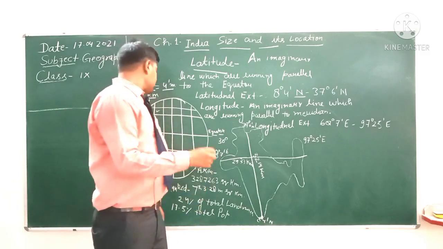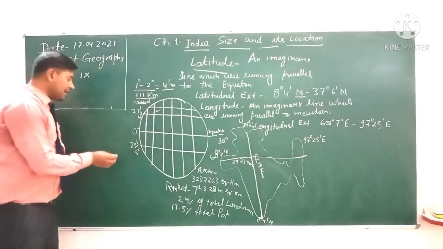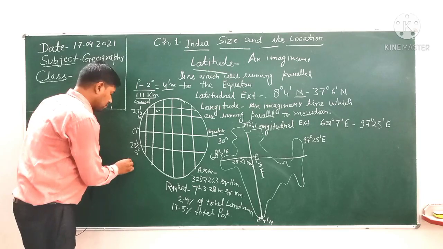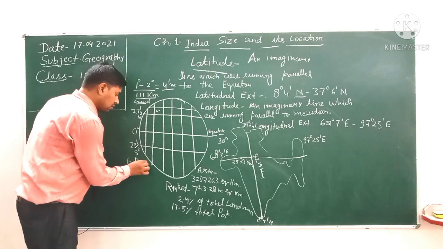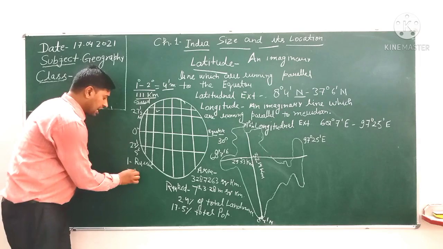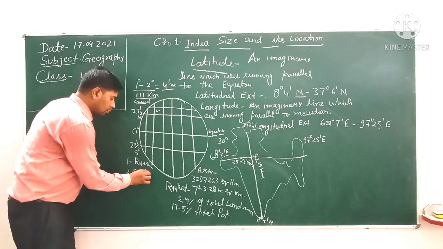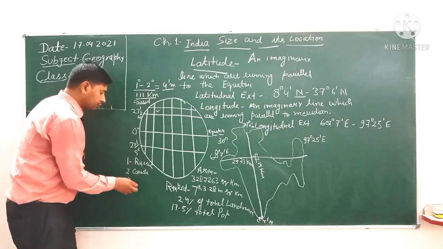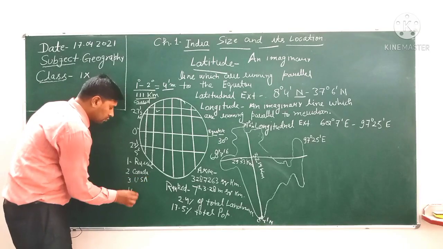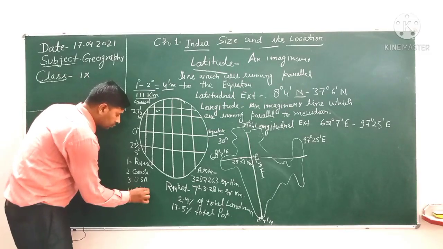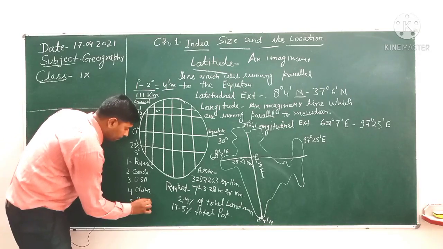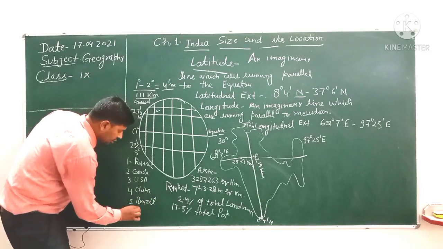The countries which are larger than India: number 1, Russia; number 2, Canada; number 3, USA; number 4, China; number 5, Brazil; number 6, Australia.